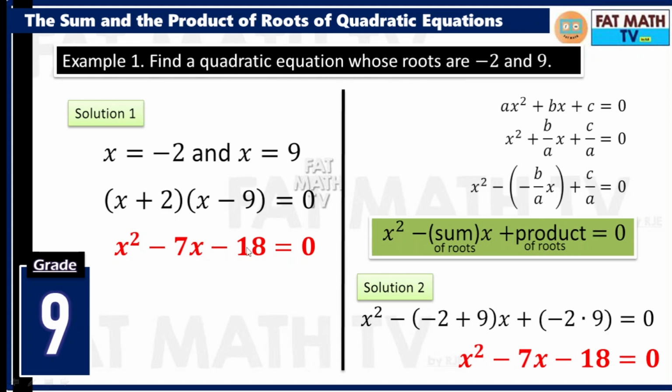You will get the same answer. So in the succeeding examples, we will use this process here, solution number 2. So you just have to recall that x squared minus sum of the roots x plus product of the roots equals 0 is the equation given the roots or sum and product of roots.